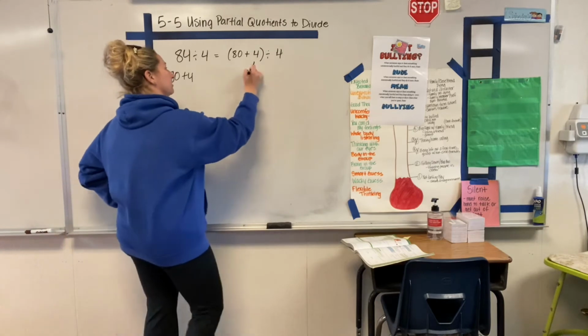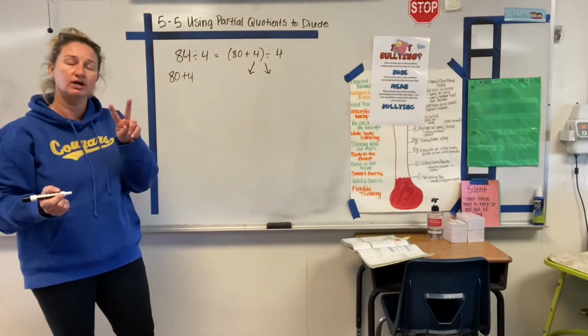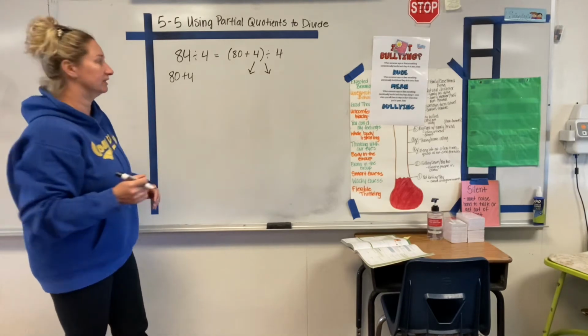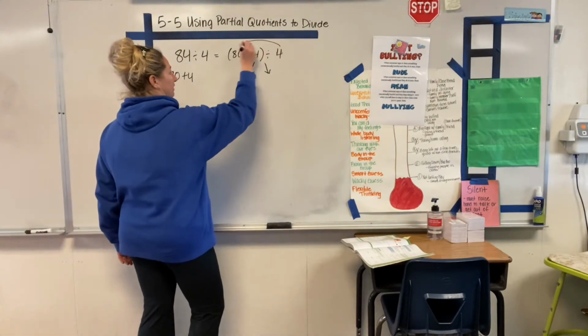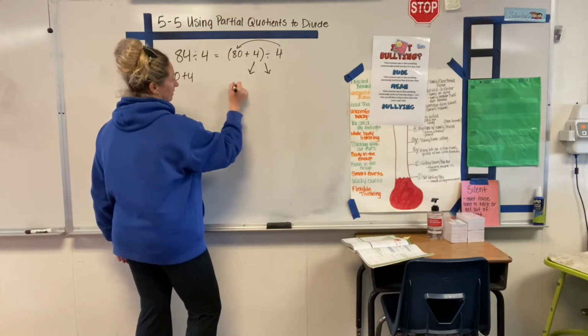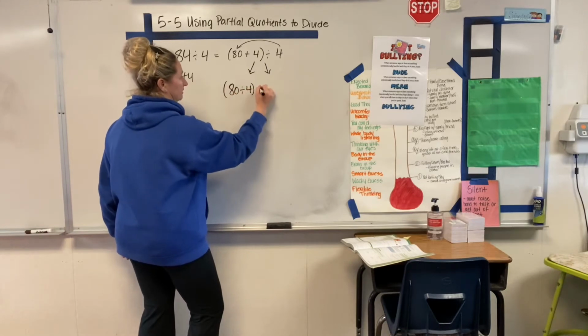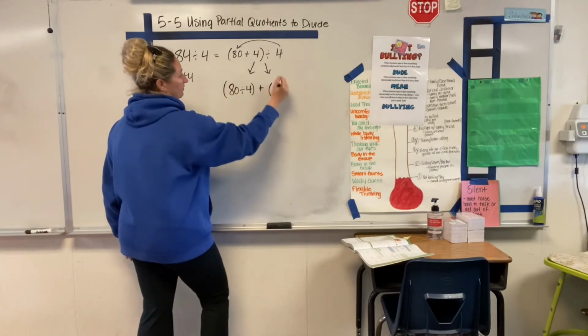Then I'm going to come up with 2 division problems for 2 partial products that I would add together later, which is going to be 80 divided by 4 plus 4 divided by 4.